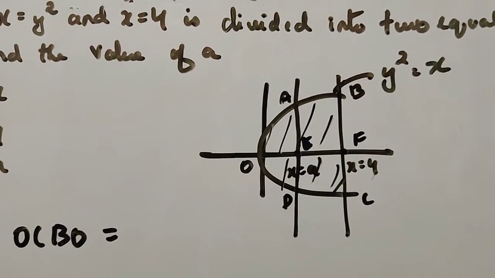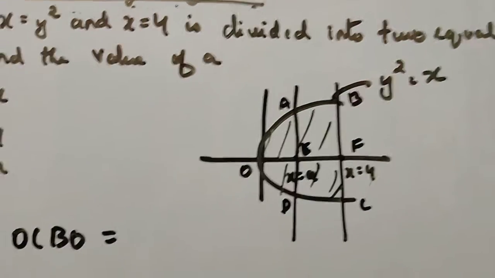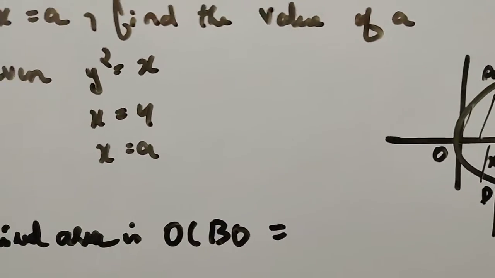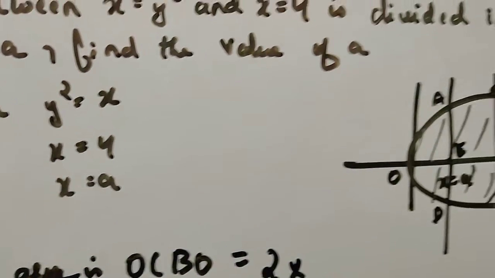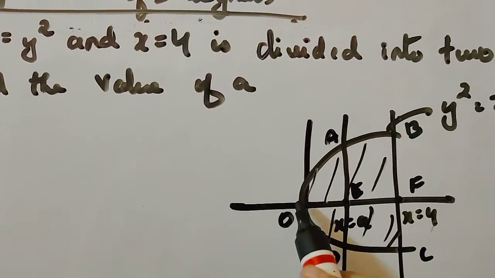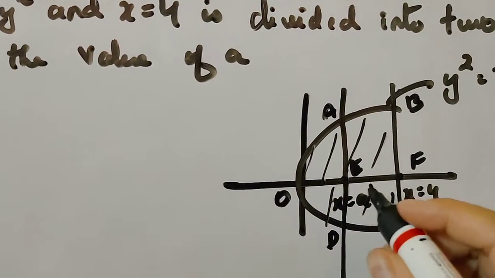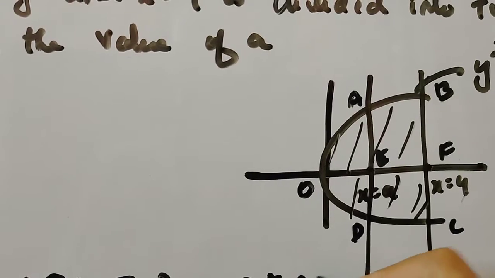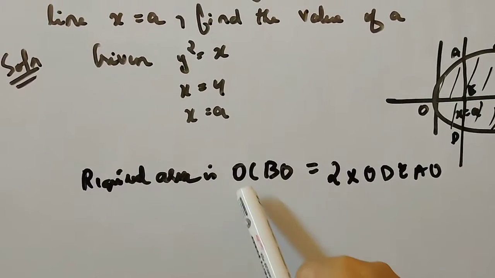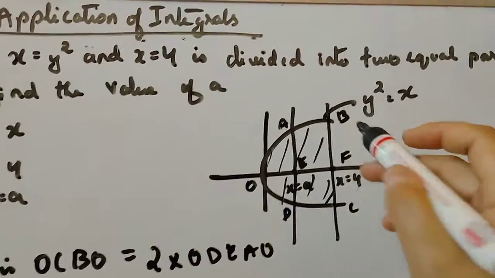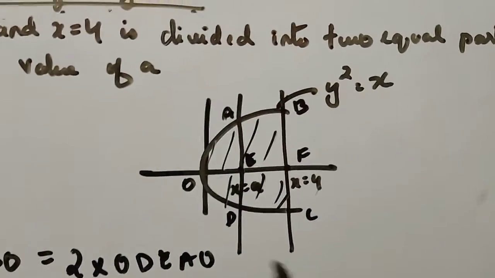So I can write 2 into this first area, O D E A O. Now first we will find this area OCBO, the total area, because we know the value of x here.